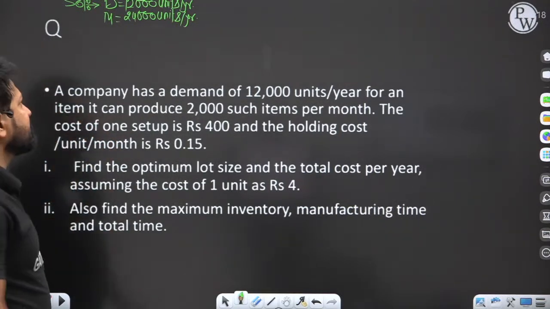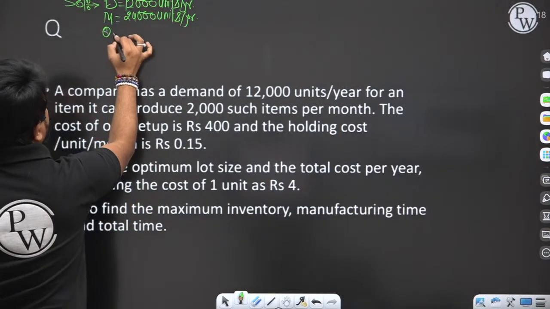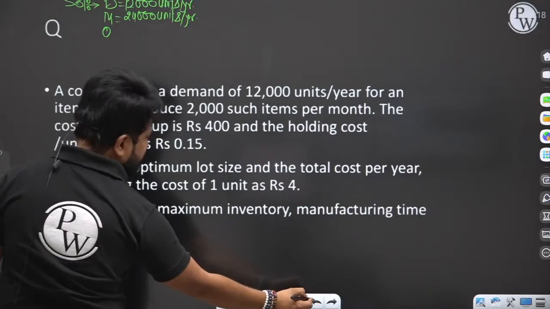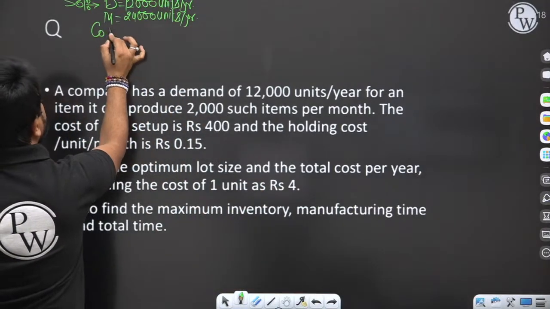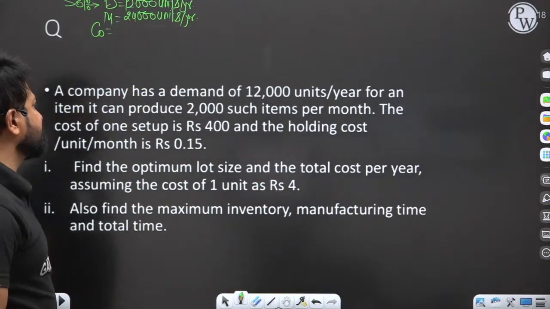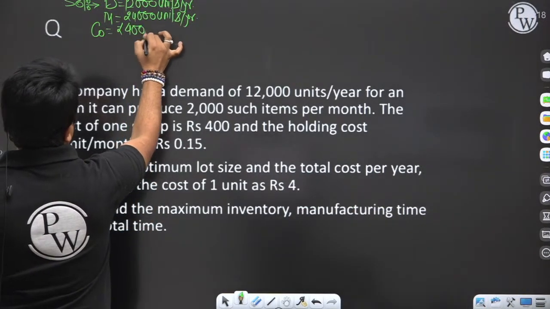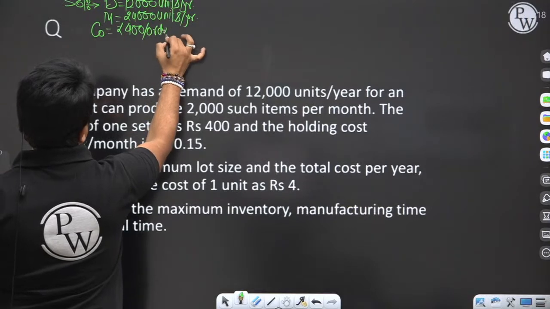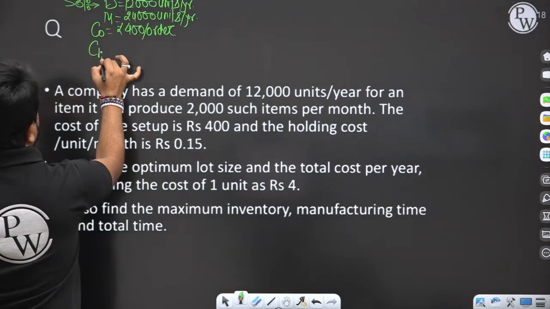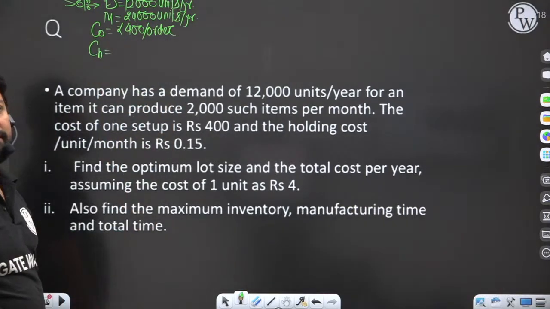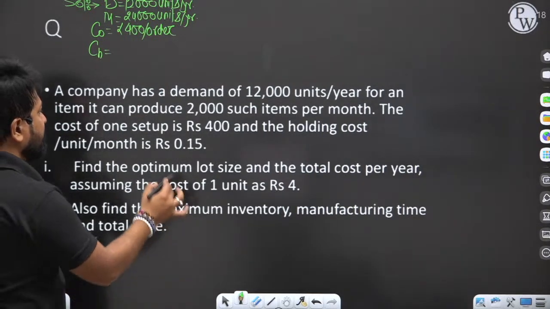Now here the ordering cost is given. Ordering cost is rupees 400 per order. Your holding cost is also given, that is 0.15, but it is per month.